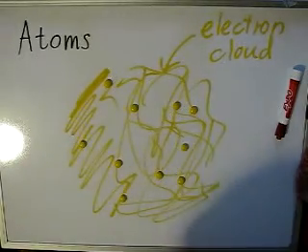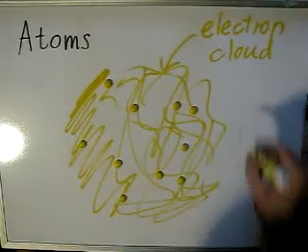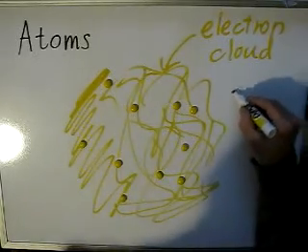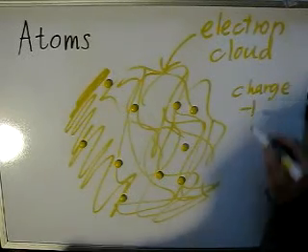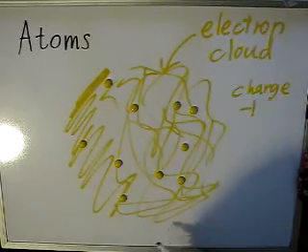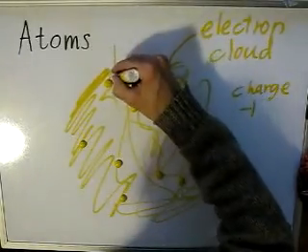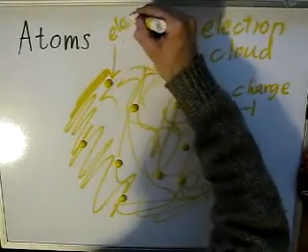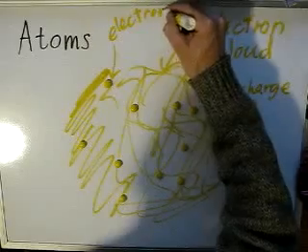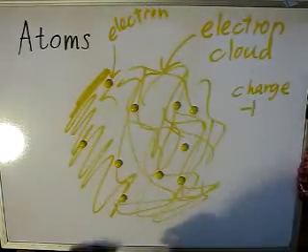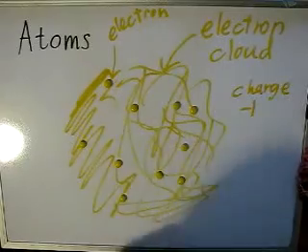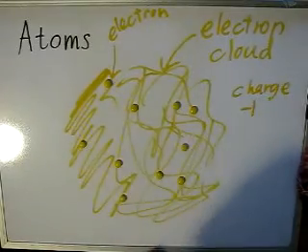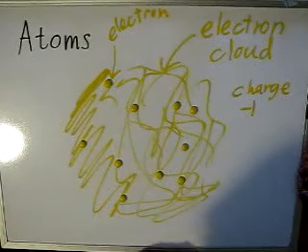Now, you probably heard that electrons are negatively charged. So electrons have a charge of -1. Each one of these things here is an electron. And the electrons are all whizzing around, and most of the space of an atom is taken up by this electron cloud, which is just a bunch of electrons whizzing around in different directions.